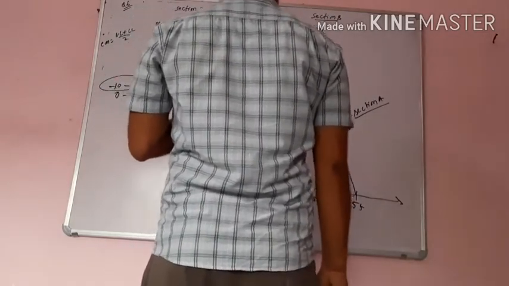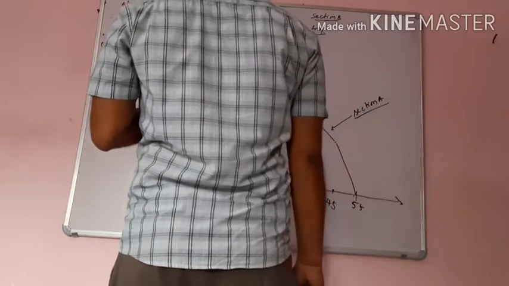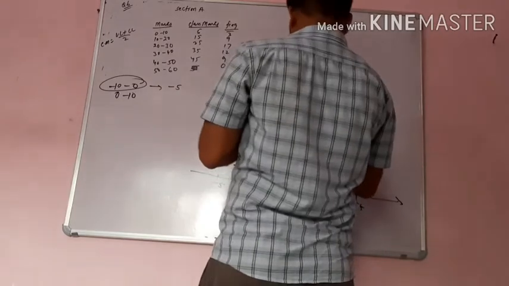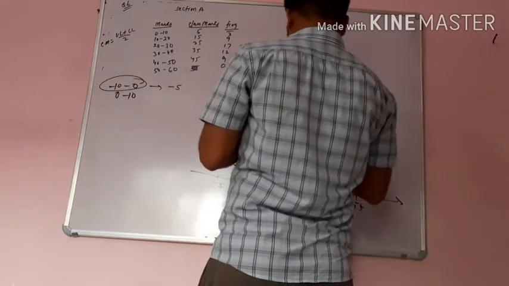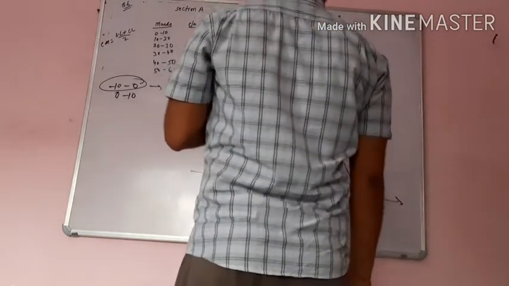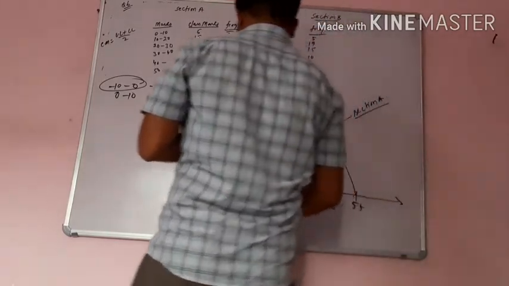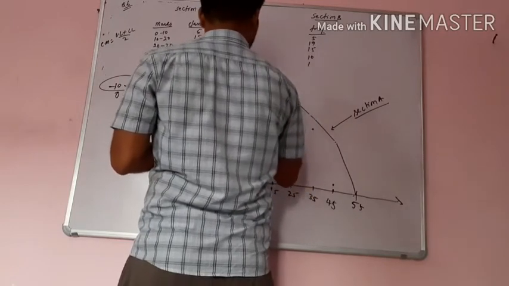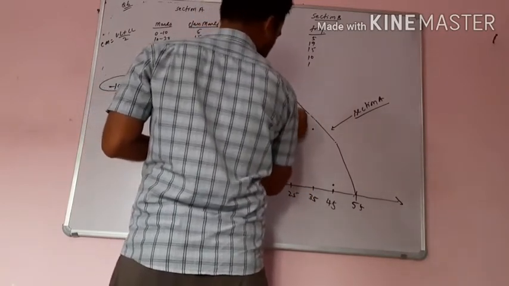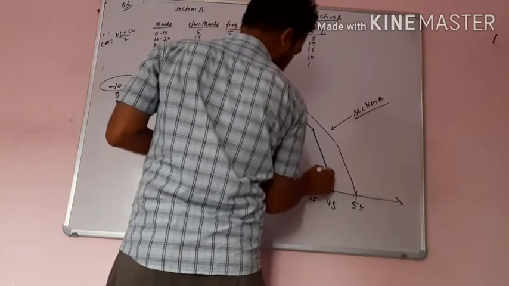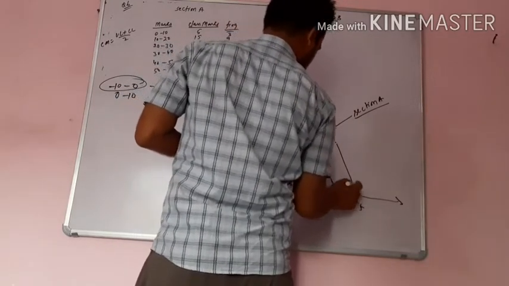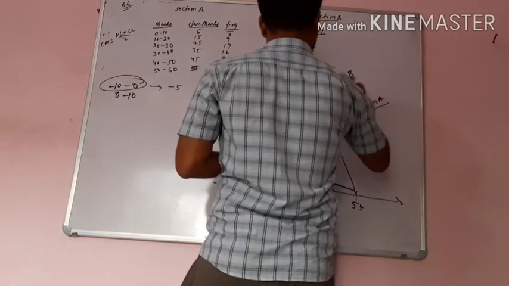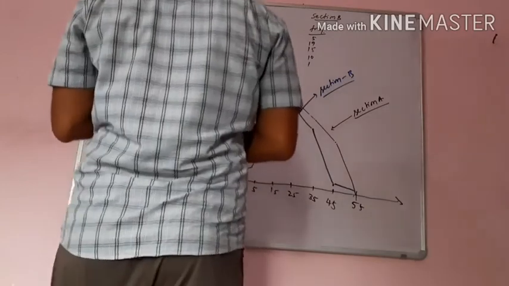At 35 it is 10, so 10 will come here. At 45 it is 1, so it will come here. Now join the points. This is for section B. The blue line indicates section B.